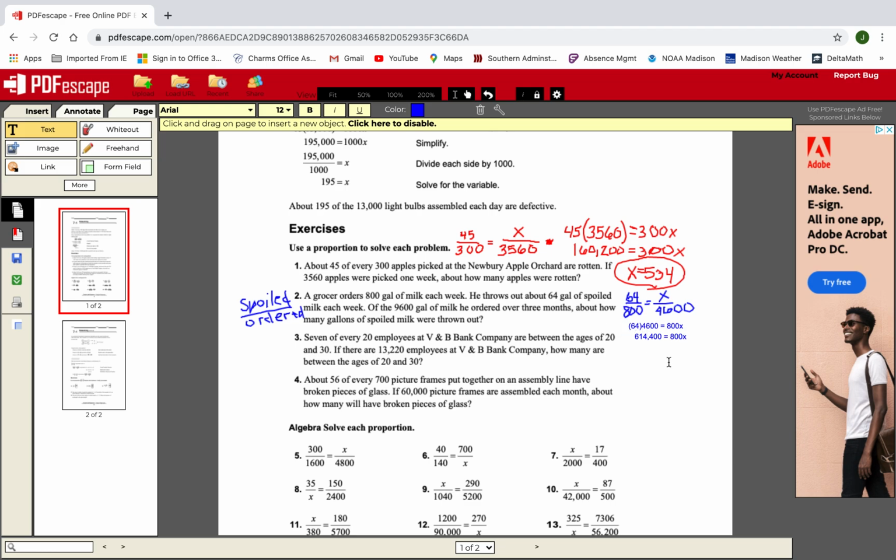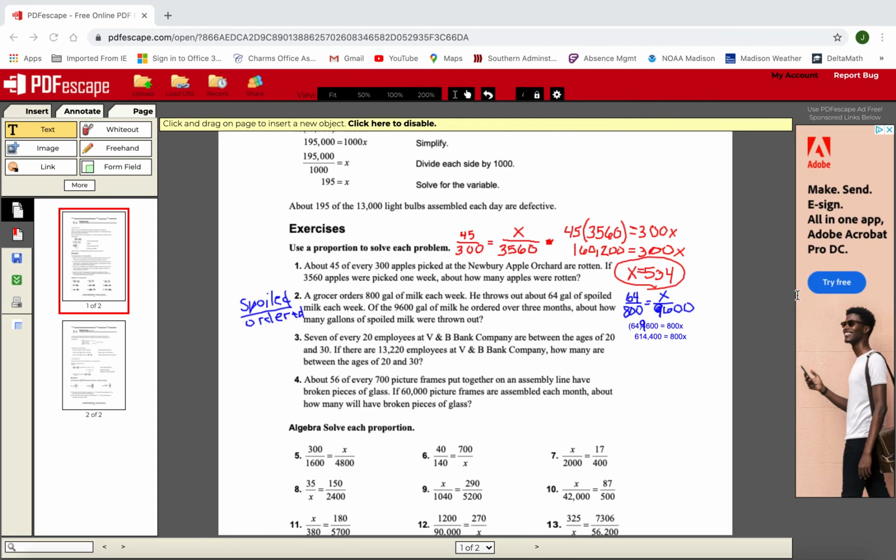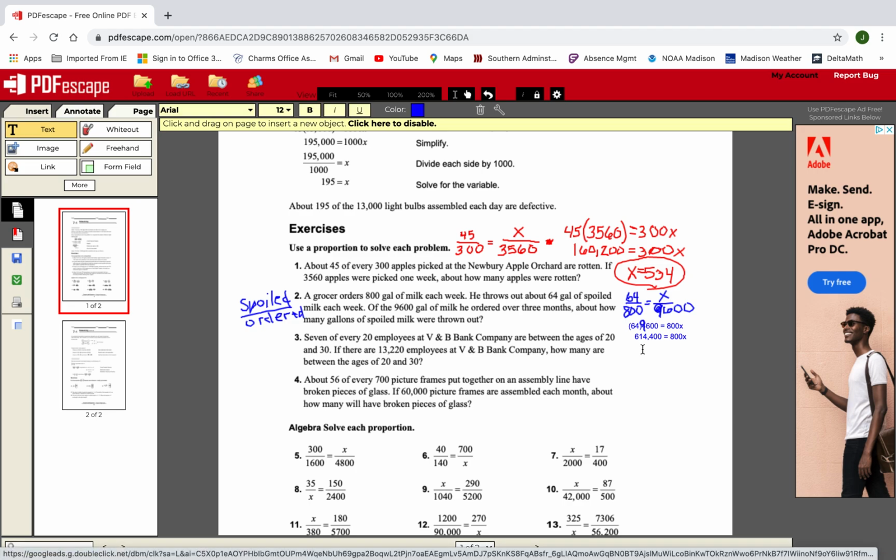And I need to change this number up here, and I can't. The limits of my technology. All right, that is a 9. And that was a 9. Okay. All right, so all we need to do then is divide 614,400 by 800. And we get what? 768, is that what y'all got? Okay.